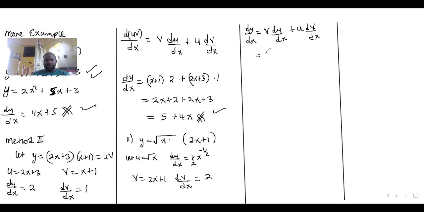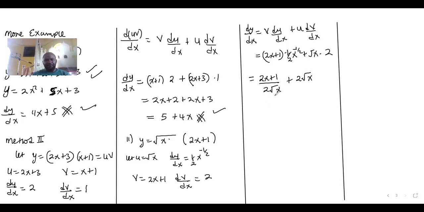So v is 2x plus 1, du/dx is a half of x to the power negative a half, plus u, which is root of x, times dv/dx, which is 2. You realize that you have (2x plus 1) out of 2 root of x plus 2 root of x.